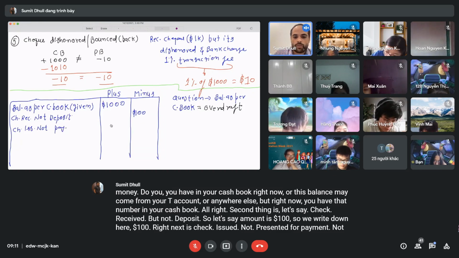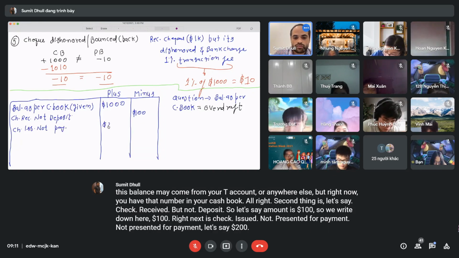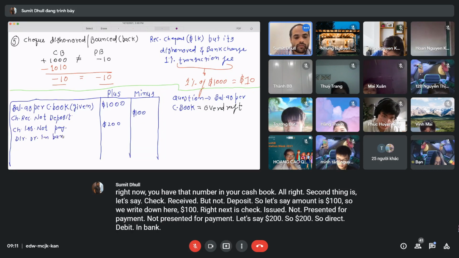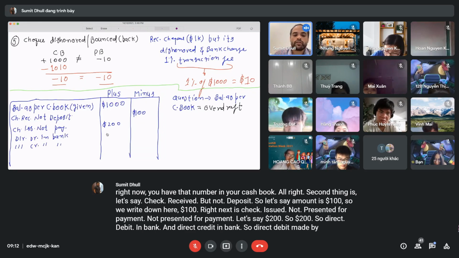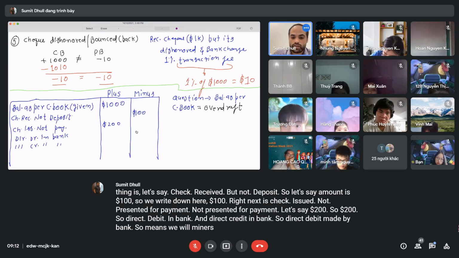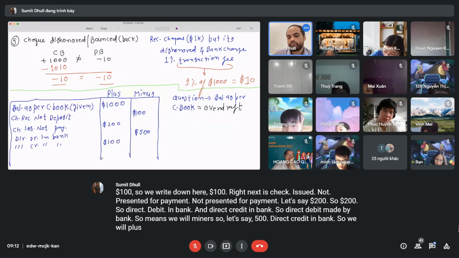Let's say $200. So $200. Then direct debit in bank and direct credit in bank. Direct debit made by the bank, so we will minus. Let's say 500. Direct credit in bank, so we will plus 100.